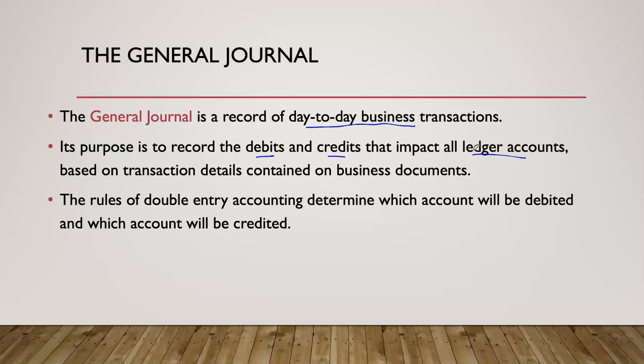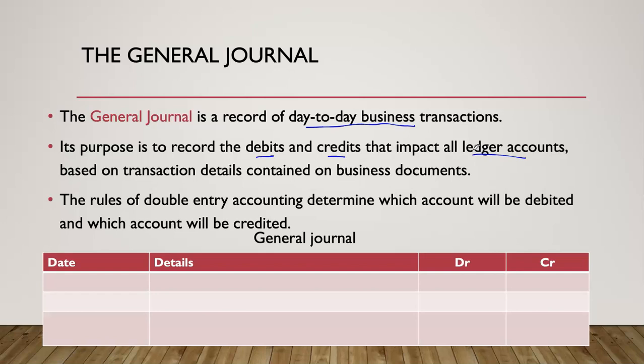What does our general journal look like? Just this. It is a template which just has 4 columns. We are going to record the date of the transaction, the details, and then whether there is a debit or a credit.